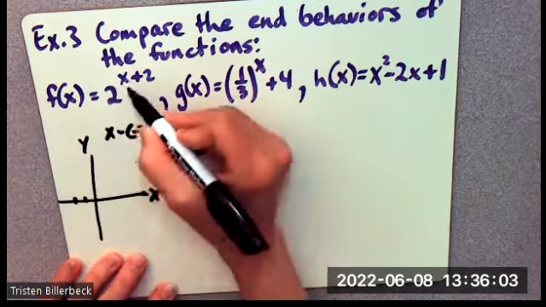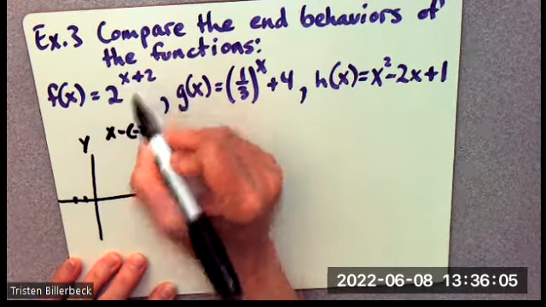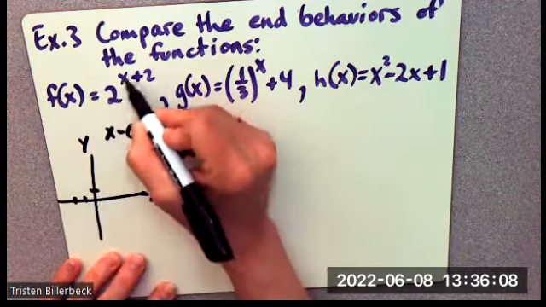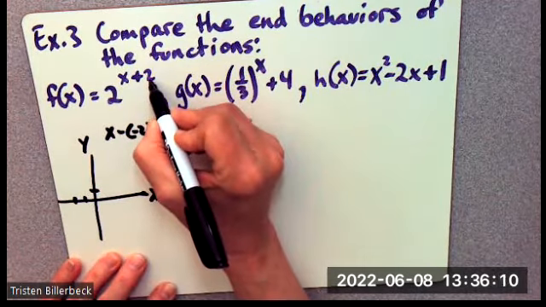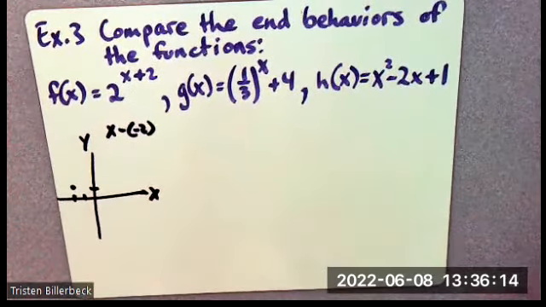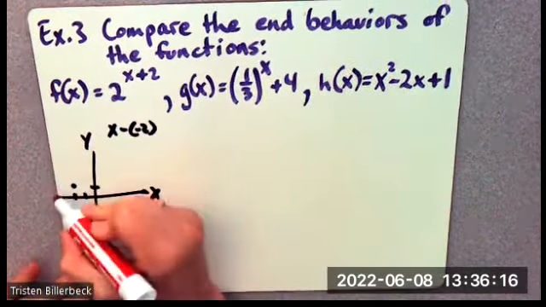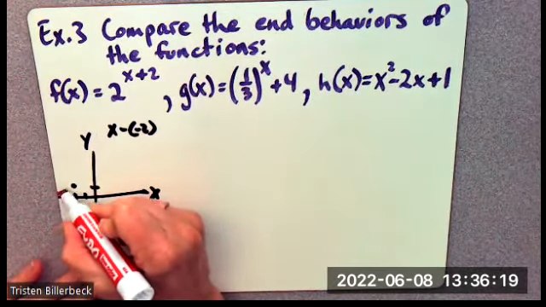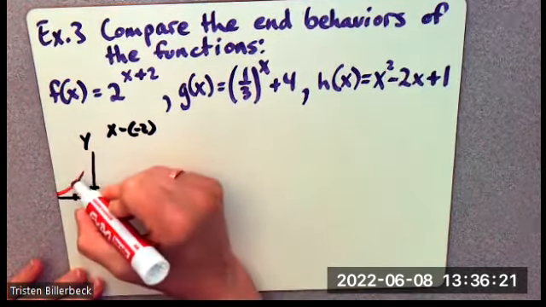And at negative 2, negative 2 plus 2 is 0. So 2 to the 0 is 1. So we just have a little shift of the exponential. So it's going like this.